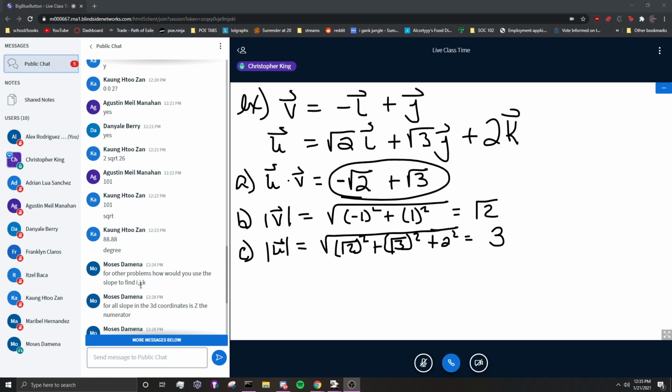Okay, so the next piece, I'm just going down in order, but it should follow the order that's in the notes. Next is to find the angle. So theta is going to be the cosine inverse of negative square root of 2 plus the square root of 3 over 3 times the square root of 2. Could someone do that calculation real quick and give me the answer in both degrees and radians?